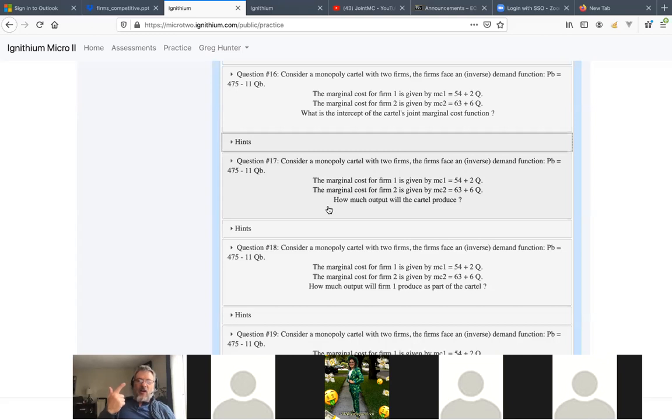Now, I'll tell you guys, remember the hint is that the intercept for the joint marginal cost function has got to be between the intercepts of the two marginal cost functions that are given in the question. So it's got to be some number between 54 and 63. If you end up with a number outside of that range, you know that you miscalculated somehow. And you guys already have the slope because we calculated the slope in question 15.